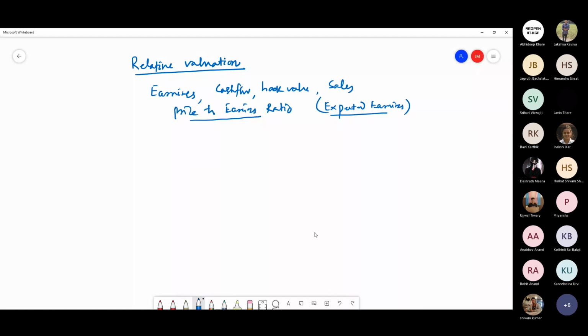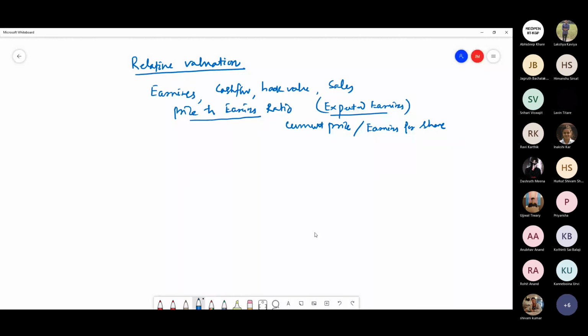This earnings multiplier is nothing but the current price of the stock divided by the earnings per share. This is the most popular multiple we generally use. And there is a relationship between this and the dividend discount model we have discussed just now.